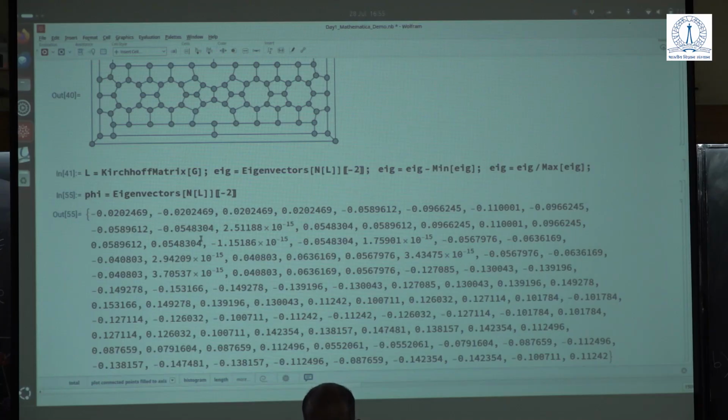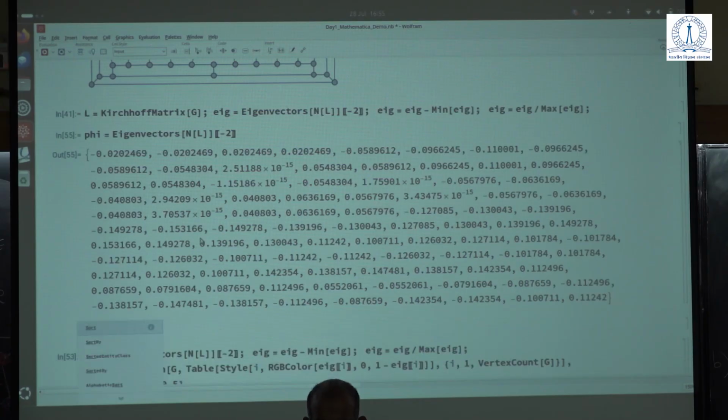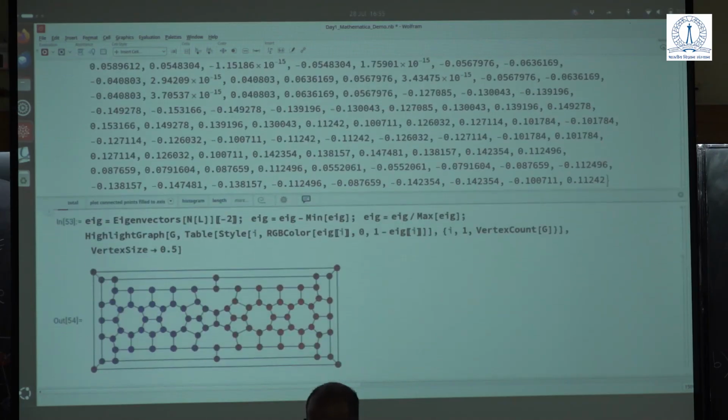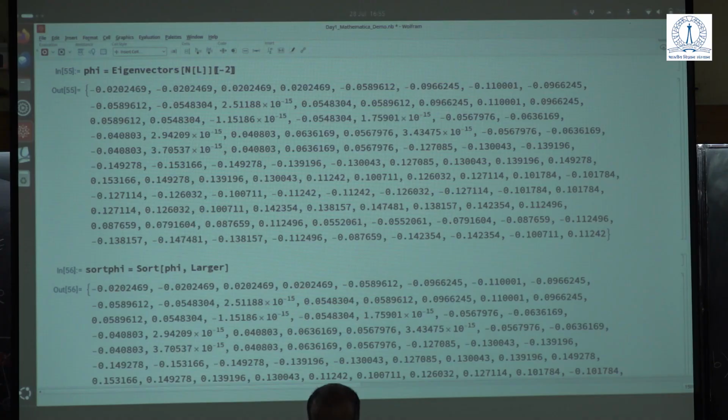This is a fairly complicated thing, and now let's do sort phi. I'll just sort phi larger. No, it's not sorting.